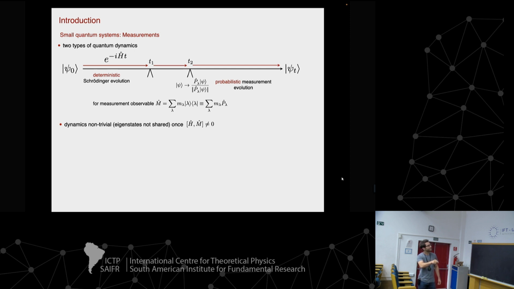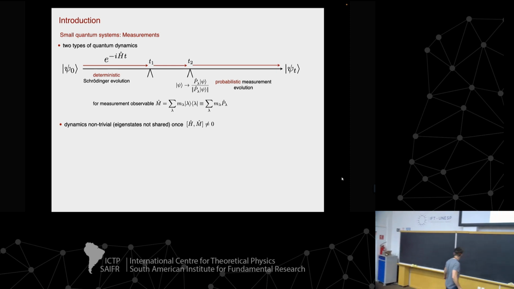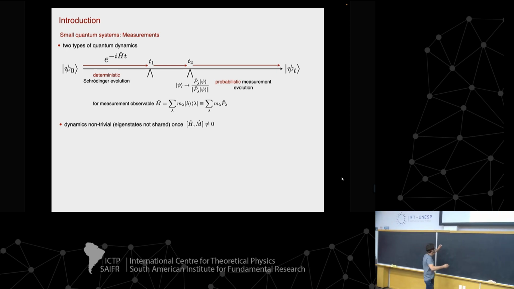And the probabilistic nature of this process can be read from downstairs here. So this absolute value here is referred to as the Born probability for collapsing into this state. So it's determined by the overlap of the projector onto that state with the current state.